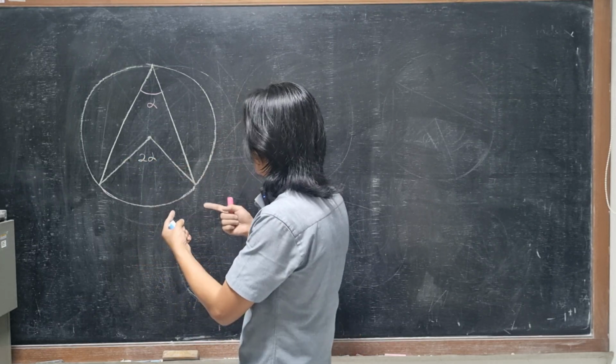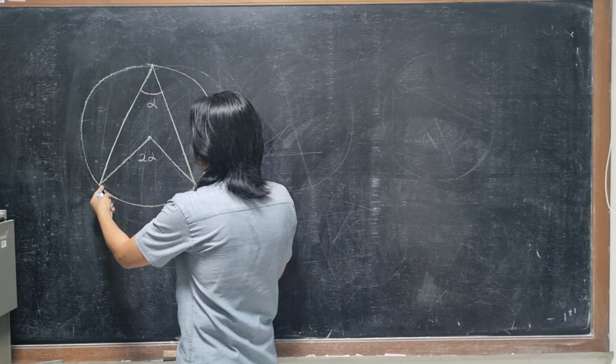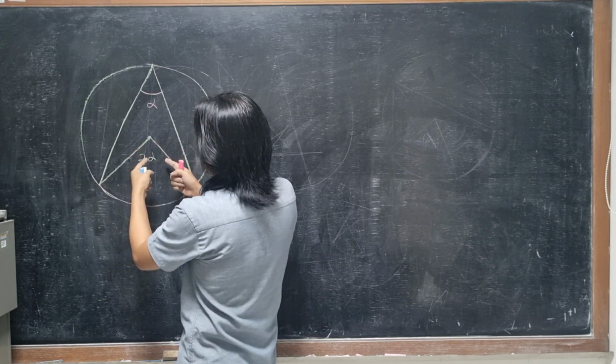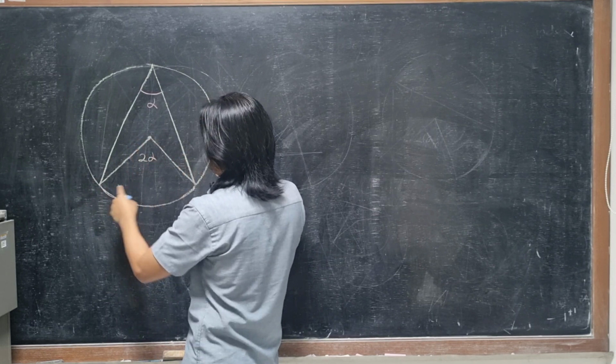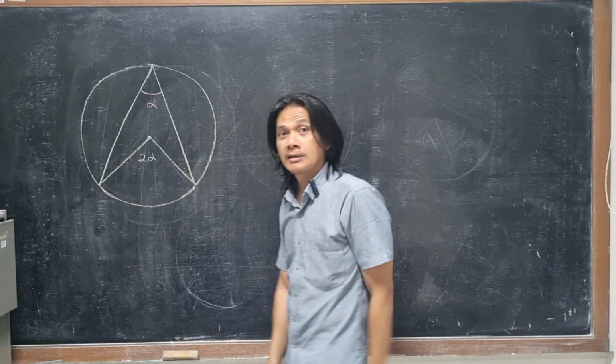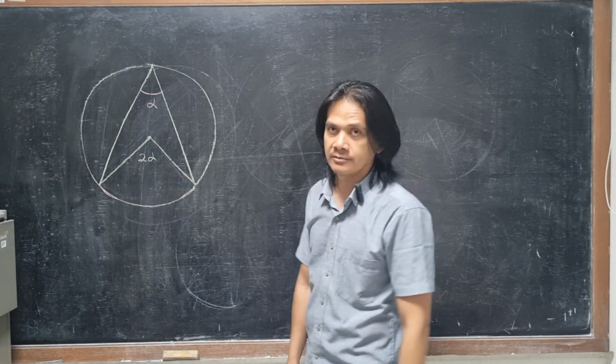The central angle is the angle facing the same arc but connected to the center of the circle, right?